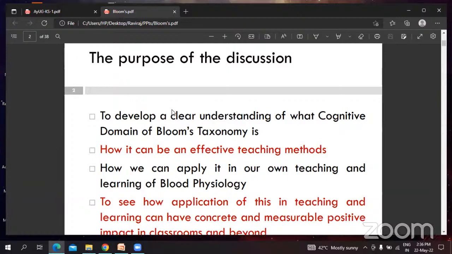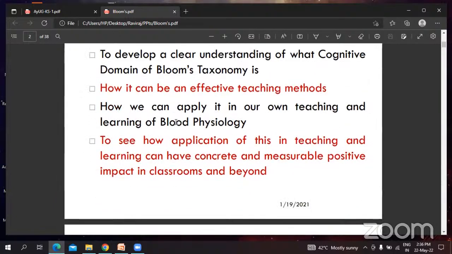There are 3 domains of that taxonomy, and one of them is the cognitive domain. I'll tell you what this cognitive domain is, and we will also see how it can be effective as a teaching method, how a student can apply it in the process of learning, and how a teacher can apply it in the process of teaching. Because the ultimate purpose of teaching is to make you capable of handling a patient.